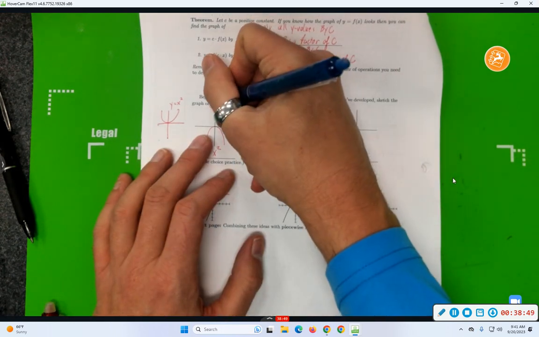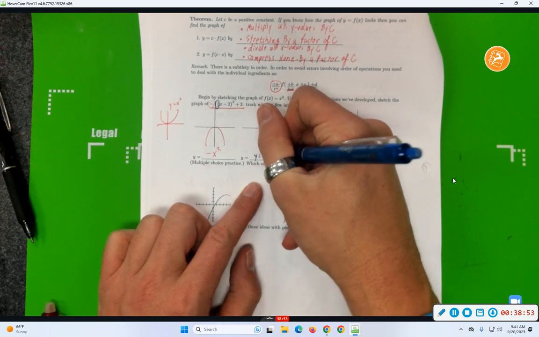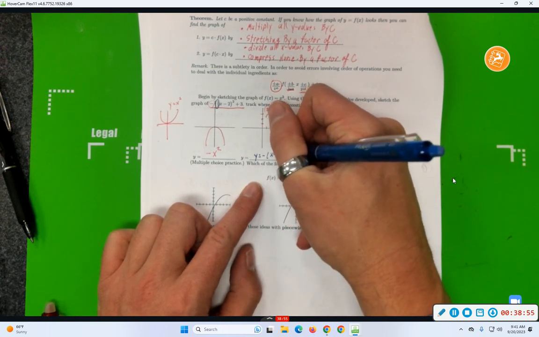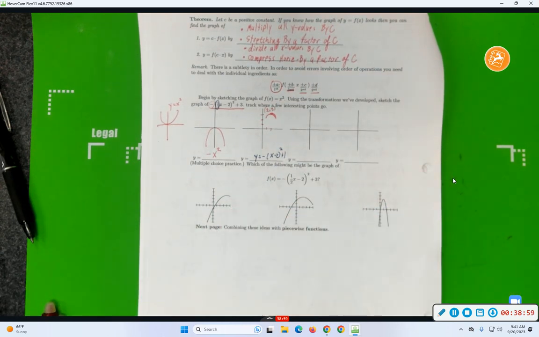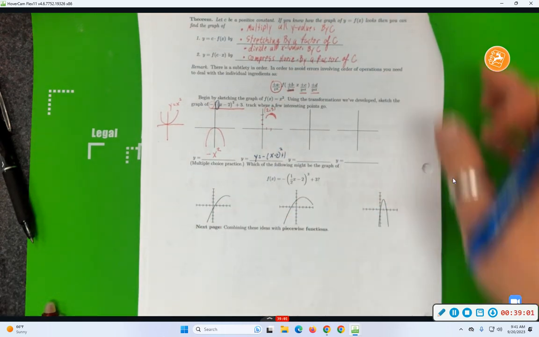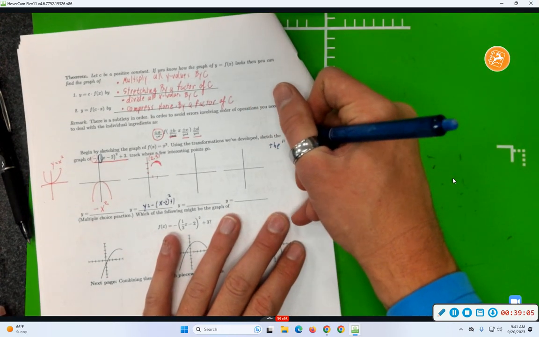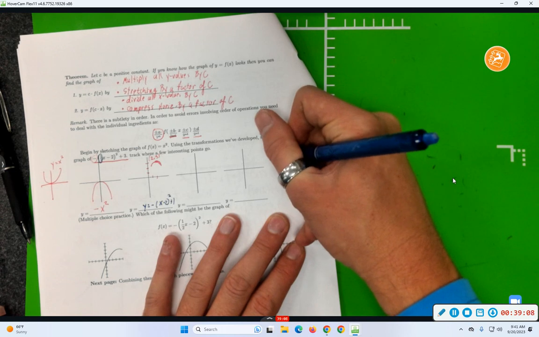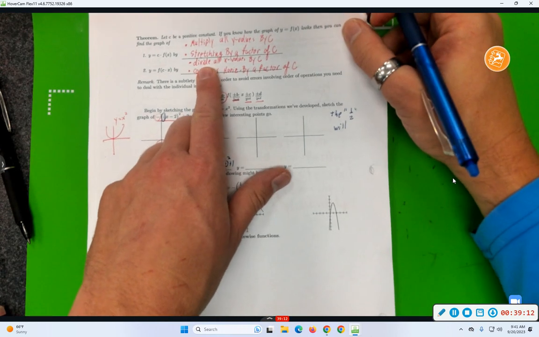Let's deal with this 1/2. So this was the graph of y equals negative x minus 2 squared plus 3. Let's think about what that 1/2 will do. Well, let's read it out right here.